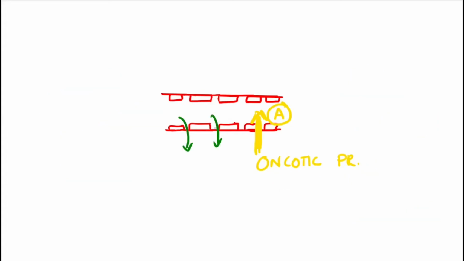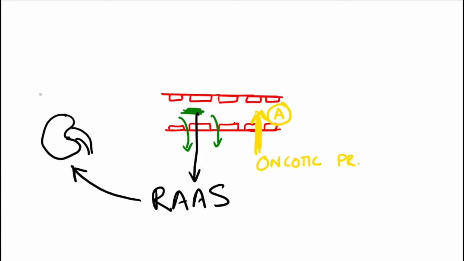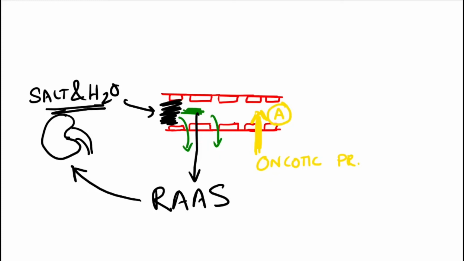This fluid leakage reduces the plasma volume, which in turn activates the renin-angiotensin-aldosterone system, because of which salt and water retention occurs in the kidney. This increases the intravascular volume, which in turn causes dilution of albumin. So, oncotic pressure is further reduced.